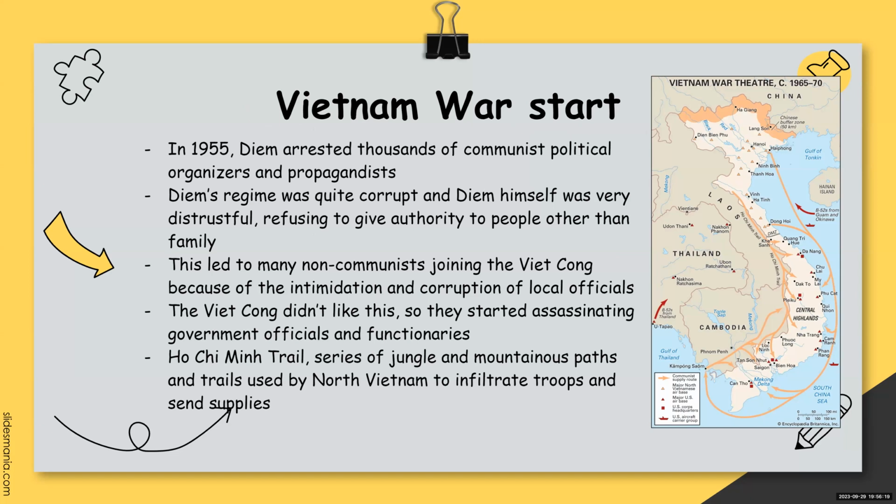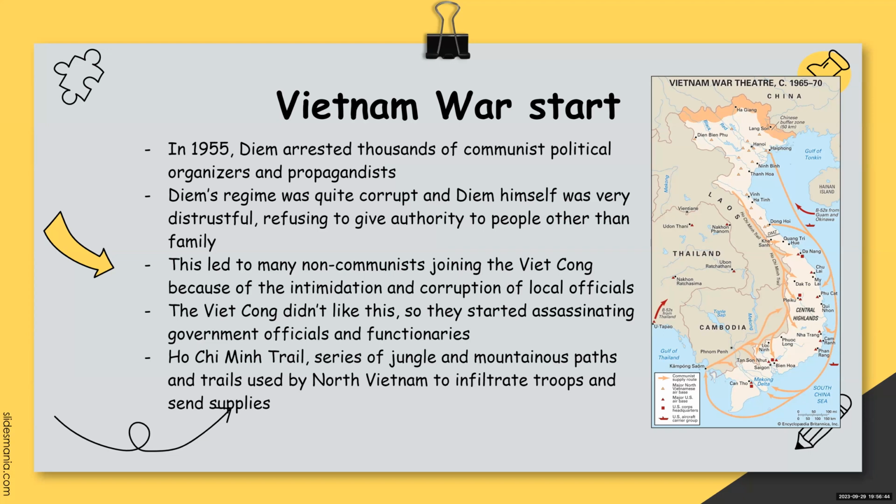Diem's regime was also quite corrupt, and Diem himself was very distrustful, so he refused to give authority to people other than his family. This led to many non-communist citizens joining the Viet Cong, even though they weren't communist, just because they didn't like the intimidation and corruption of local officials.